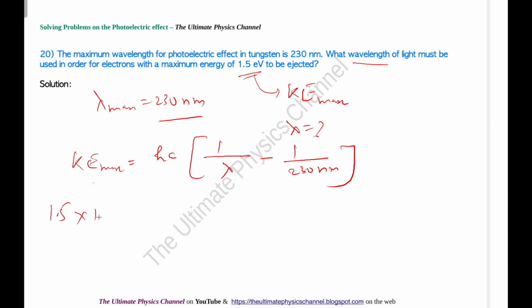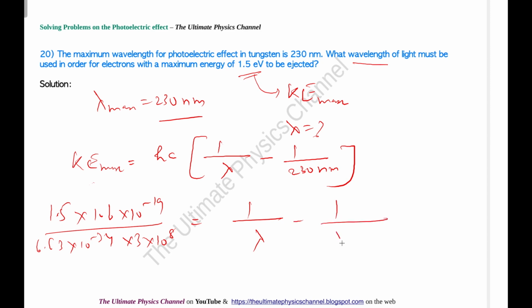So 1.5 into 1.6 into 10 power minus 19 for joule conversion, equals hc, which we can write as 6.63 into 10 power minus 34 times 3 into 10 power 8, times 1 over lambda minus 1 over lambda max, which is 230 into 10 power minus 9.